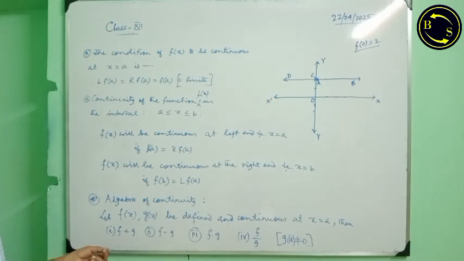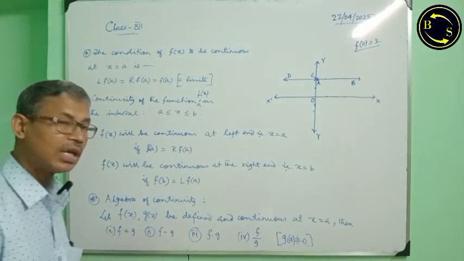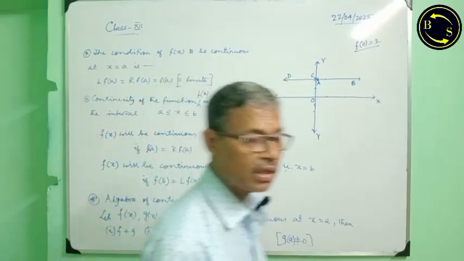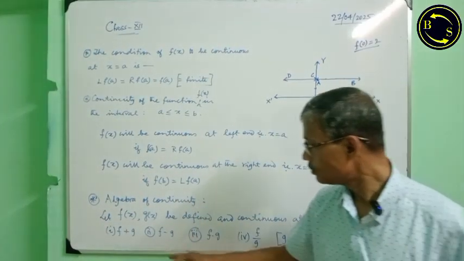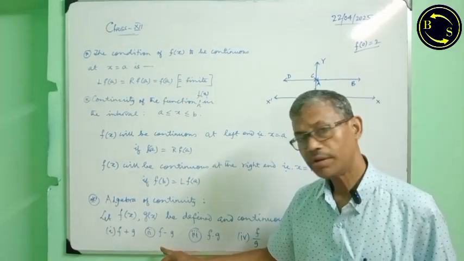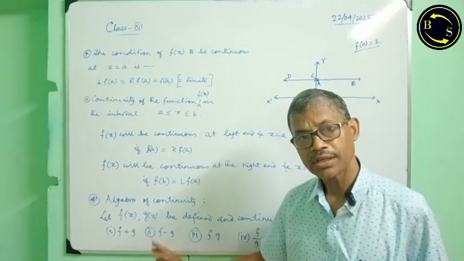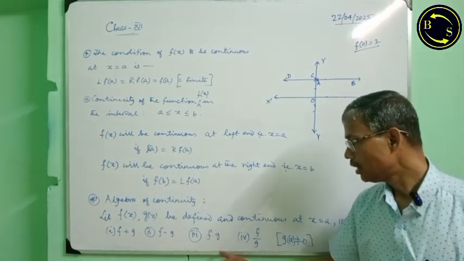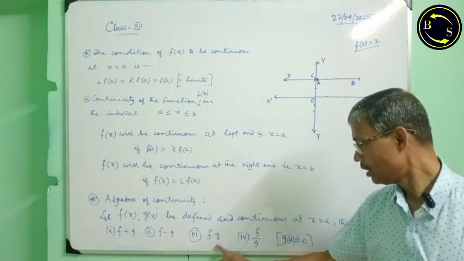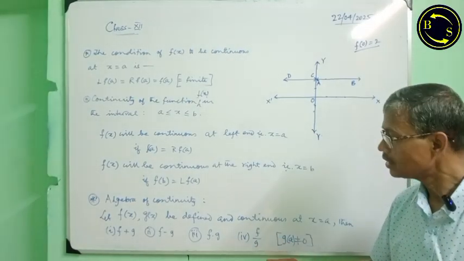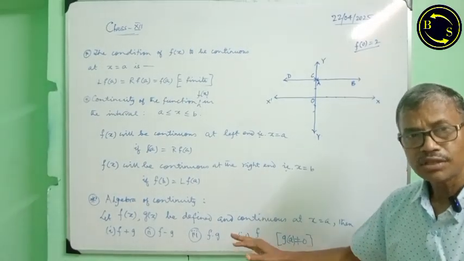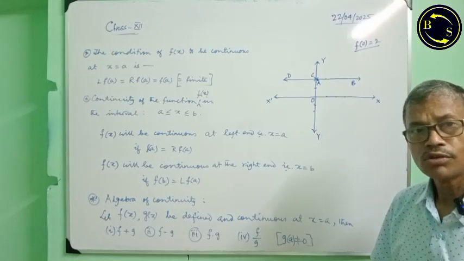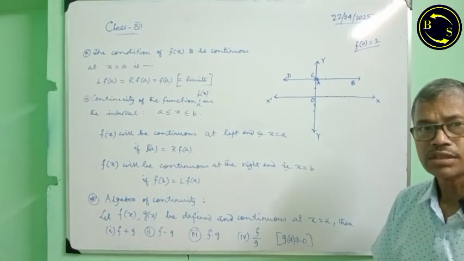f plus g, that means f(x) plus g(x), will be continuous at x equal to a. f(x) minus g(x), also you can consider g(x) minus f(x), the difference will also be continuous. Then f(x) into g(x), then f(x) by g(x). These functions will also be continuous at the point x equal to a.